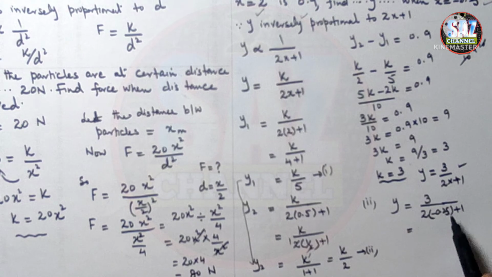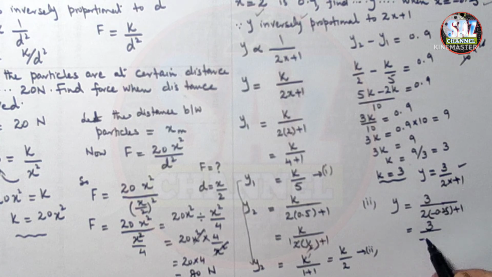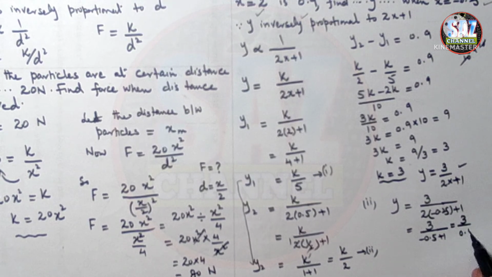For some time, if I'm forgetting the decimal, I can take it as 25. 0.25 multiplied by 2 is minus 0.5. 3 over minus 0.5 plus 1, and this will give me 3 over 0.5.